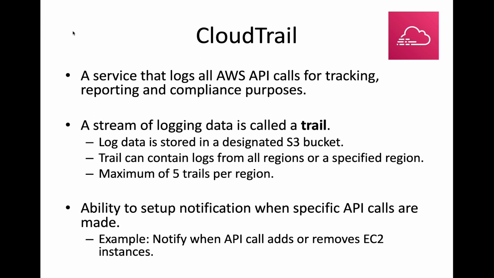One of the cool things you can do with CloudTrail is set up notifications, based upon some specific API call that you specify. For example, you can set up a notification where CloudTrail will send you an alert anytime an EC2 instance is added or removed from your account.